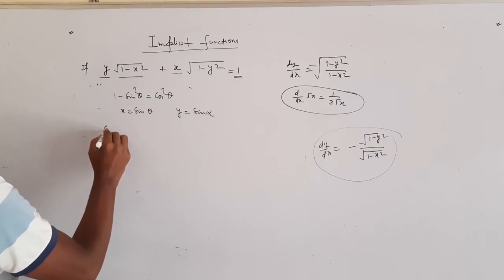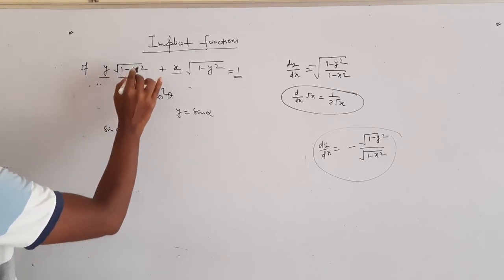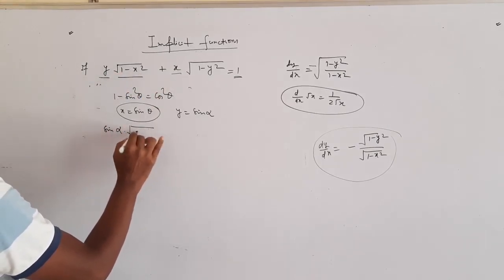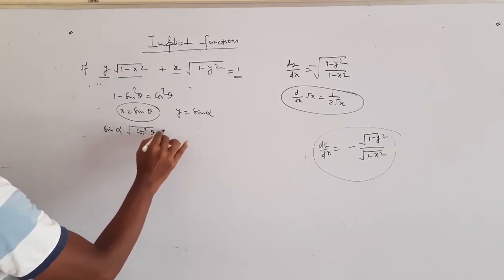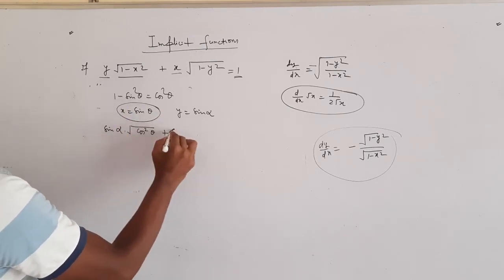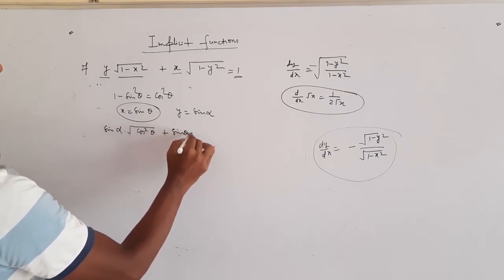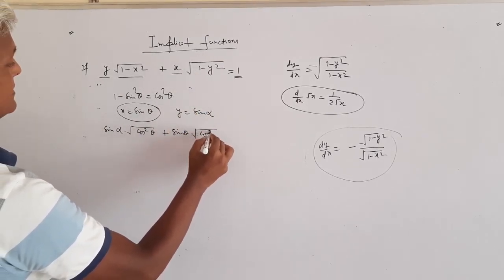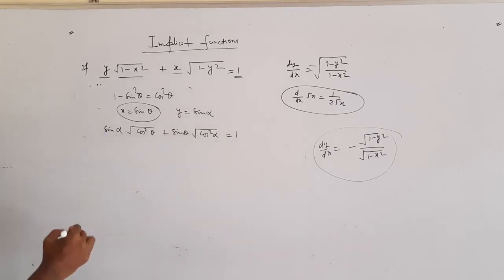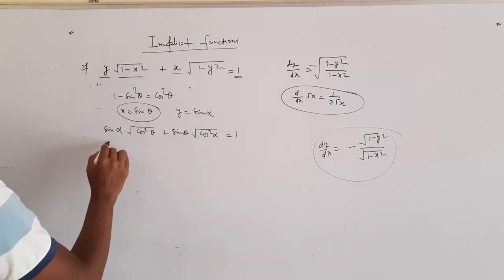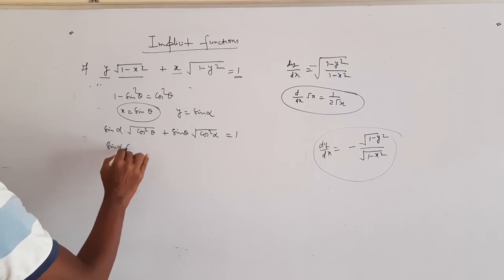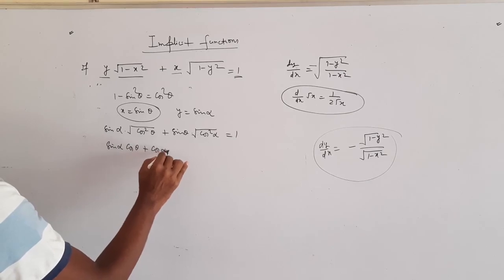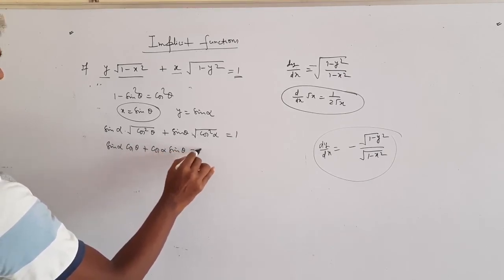Then this y will become sine alpha, under root 1 minus x square. So 1 minus sine square theta will become cos square theta, plus x, which is sine theta, and then under root 1 minus y square, which is 1 minus sine square alpha, is cos alpha. So now the root is gone, so you'll have sine alpha cos theta plus cos alpha sine theta equals 1.